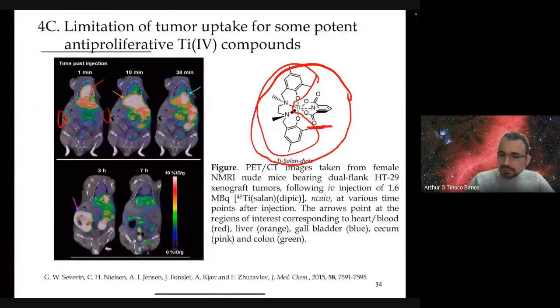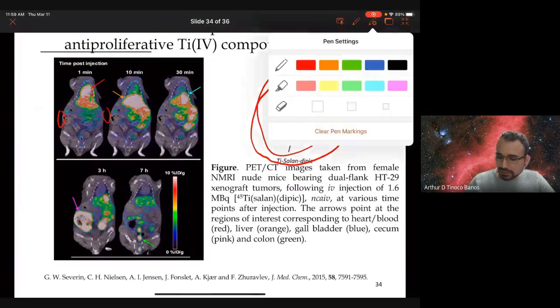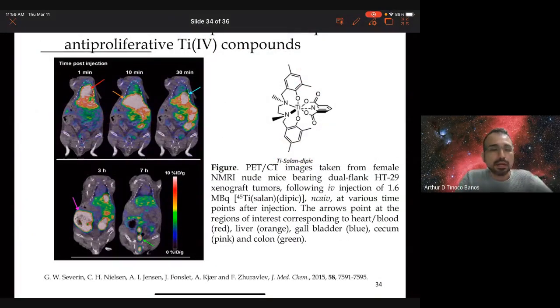I didn't mean to go that far ahead, I just want to clear up the slide. This compound has significant anti-proliferative activity, so what they wanted to do was see how it translates into an anti-tumoral effect in these mice. They did a study where they used PET to track a radioisotope of titanium, titanium-45.